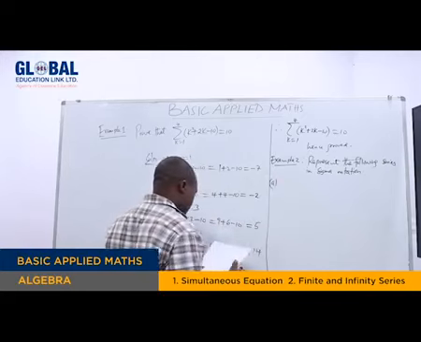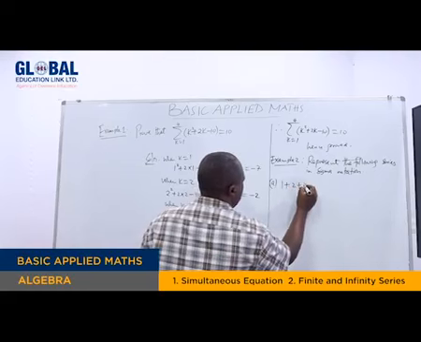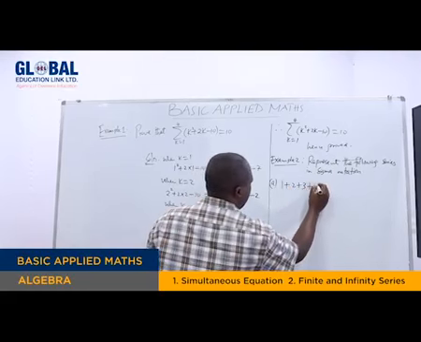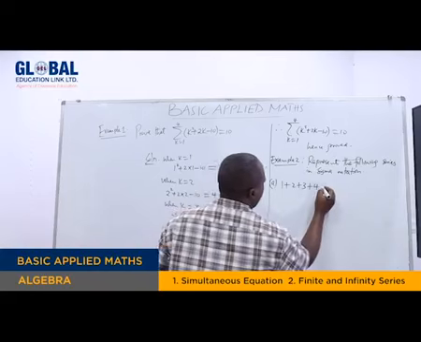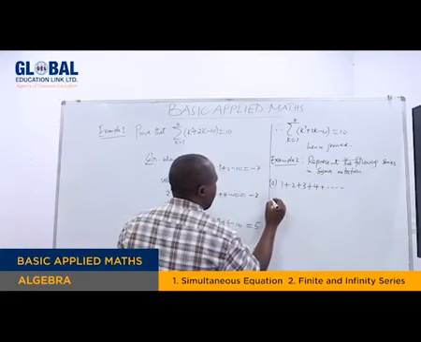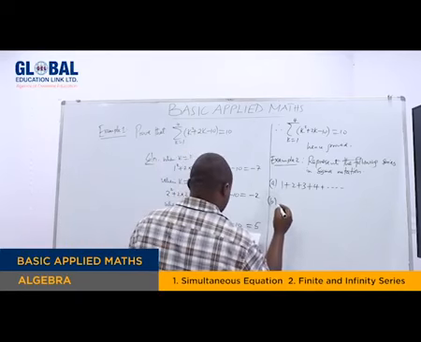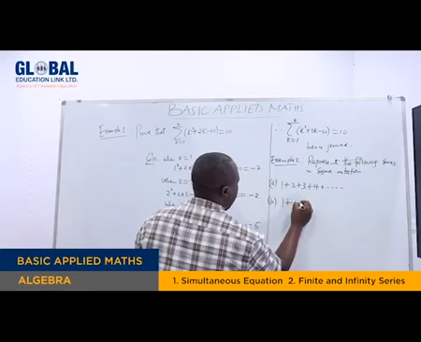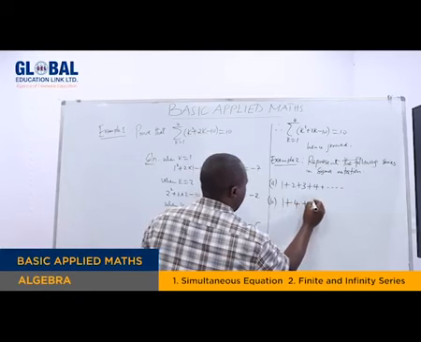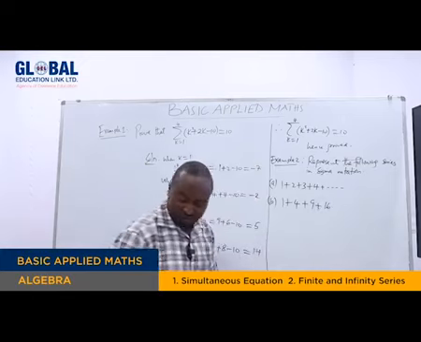That is, we have A, of course we have 1 plus 2 plus 3 plus 4, and this one proceeds to infinity. And of course we have B, we have 1 plus 4 plus 9 plus 16.